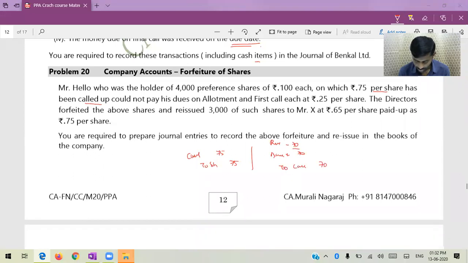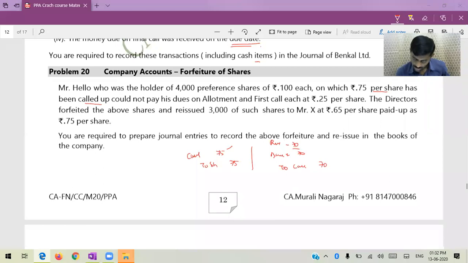That means still 5 rupees debit balance is showing. Call account will show debit balance. So at the time of forfeiting, this call account is supposed to be reversed. Or the other way, after this receipt entry, if you would have transferred that 5 rupees to calls in arrears account, then calls in arrears account will show debit balance. Therefore, to close that calls in arrears, I am supposed to use that account.